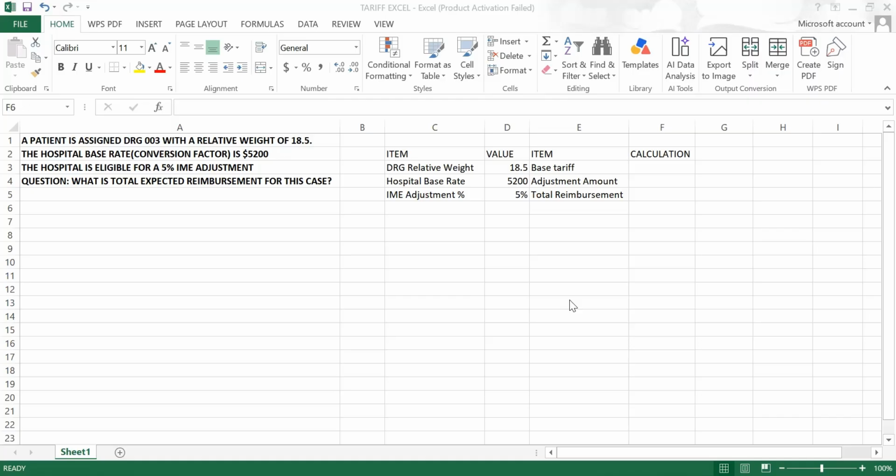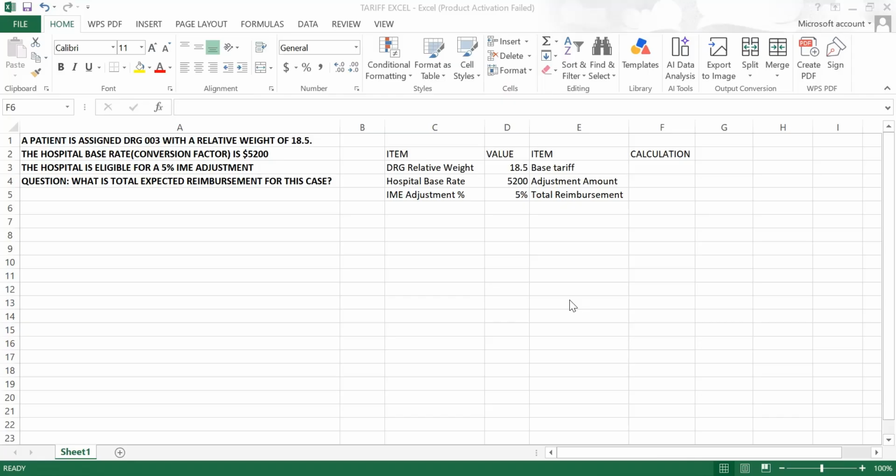Here's our scenario. The question I have added. A patient is assigned DRG-003, which carries a relative weight of 18.5. This weight reflects how resource intensive this diagnosis is compared to an average case. The hospital's base rate, also called the conversion factor, is $5,200.